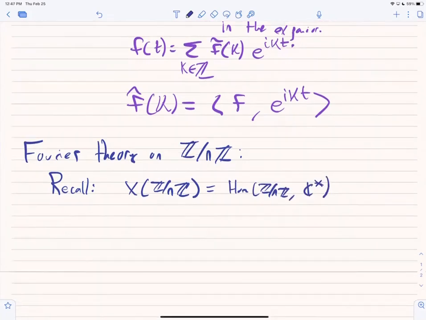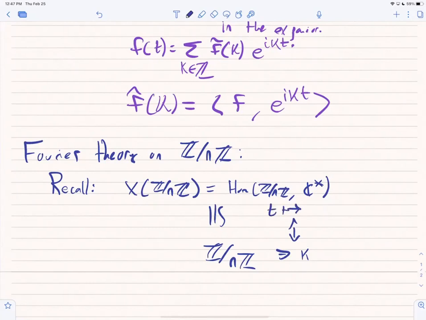And this was isomorphic to Z mod NZ, where some k corresponds to the character which sends, let me call the variable here t, t to e to the kt times 2 pi i over n.